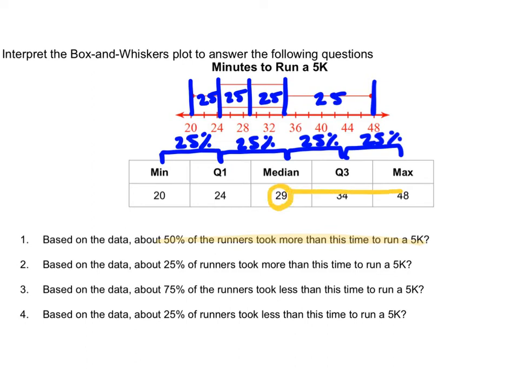So if I start at 29 and went 2 to the right, it would be equal to 50%. Or graphically, I could go from the right, come back over 2. So I'd start at that median value, which would be 29 minutes.